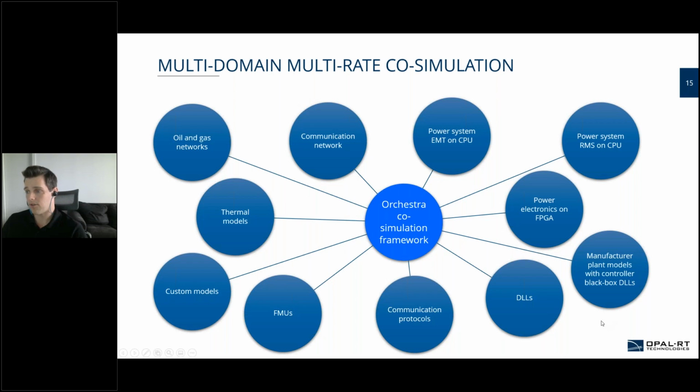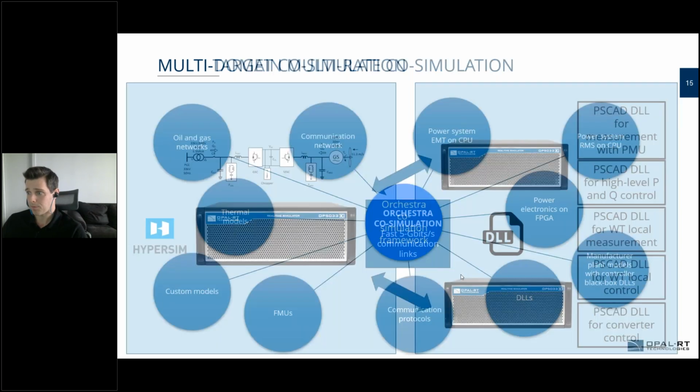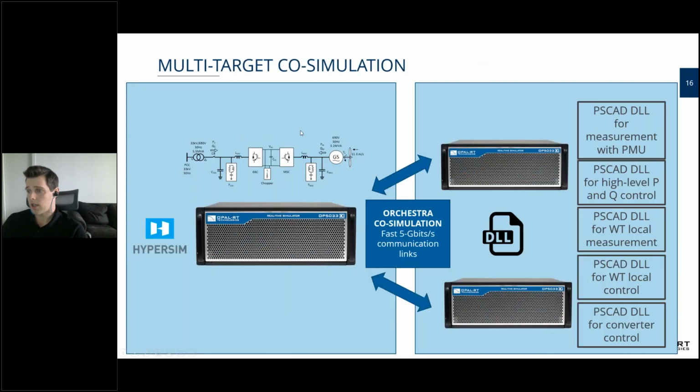So this is really the vision that we're working on, and we already have quite a few of these bubbles that are already supported, and we'll keep working on the ones that are missing. What this can help with now is that we can have the plant models and the entire grid run on a PC that is more optimized for this type of simulation. We have the expertise to select which kind of CPU will be best used for these kinds of simulations.